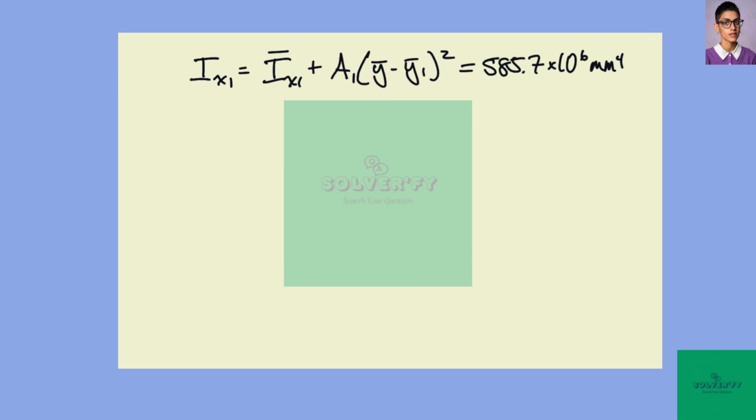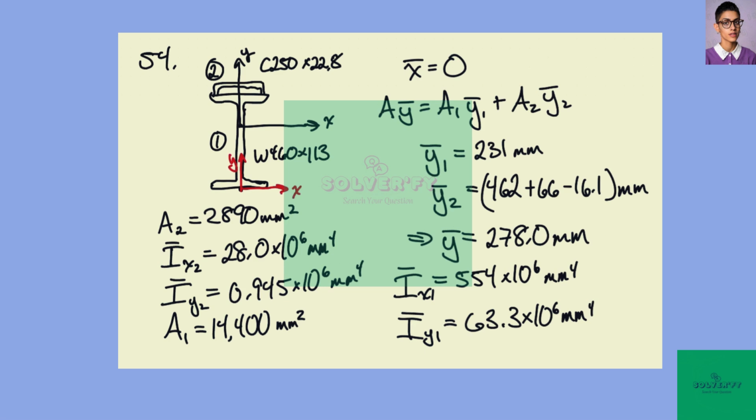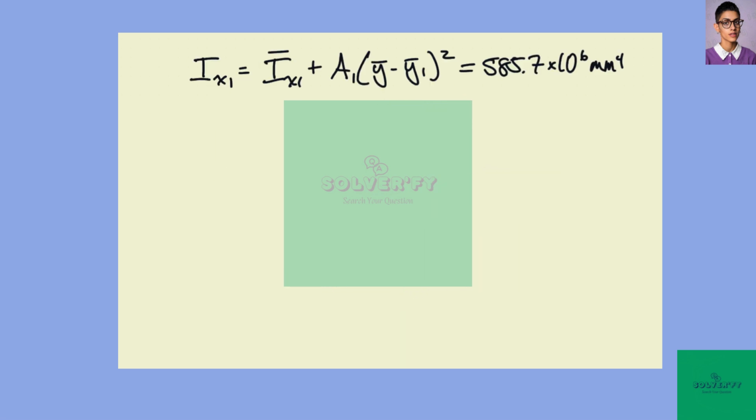So we have it about the centroid plus its area times the distance between where the centroid of the whole section is and where the centroid of that part of the section is. So that would be this distance here. And we plug in our numbers, and we get 585.7 times 10 to the 6th millimeters to the 4th.